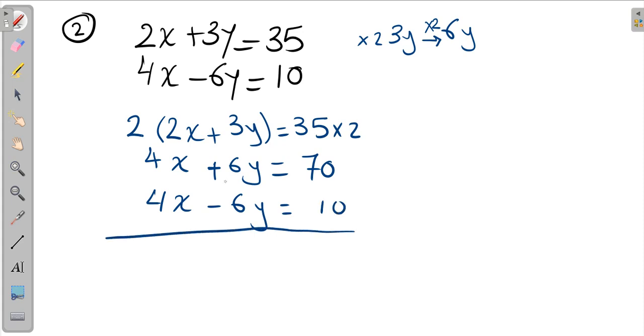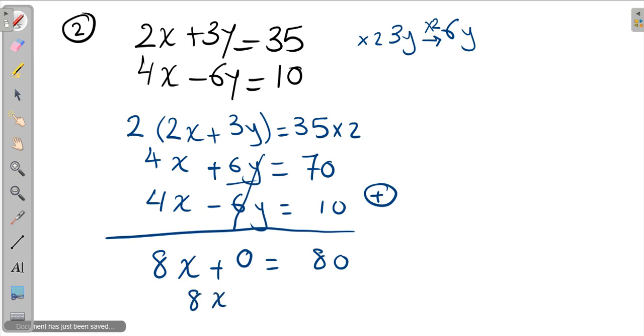You have plus 6y and minus 6y. You get 6y and you lose 6y, then you have 0. 8x plus 0 equal 80. 8x equal 80. Then x equal 10.